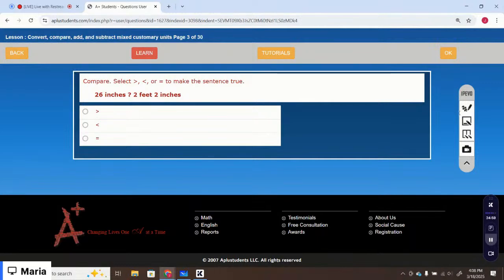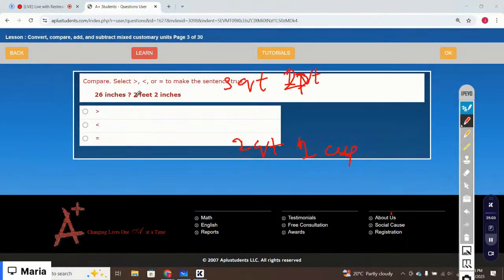So convert this 2 feet to inches. That is 2 times 12, 24. So 26 inches. And here you have 24 plus 2. So that is 26 inches and 26 inches. So both are exactly equal. So the correct option is equal.